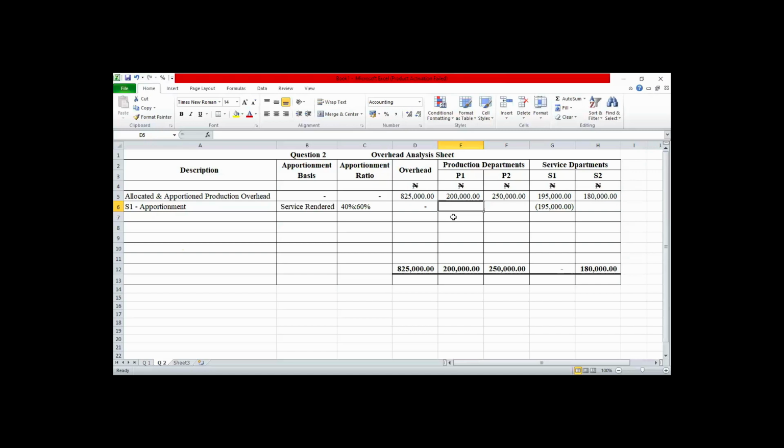Now, you will share that 195,000 between the two of them based on the ratio given to you. So we are going to share 195,000 in ratio 40-60 to P1, P2, sir. 40 divided by 100 times 195,000.